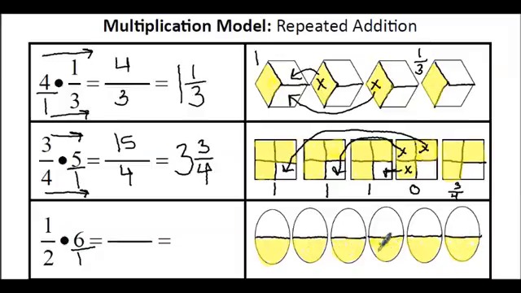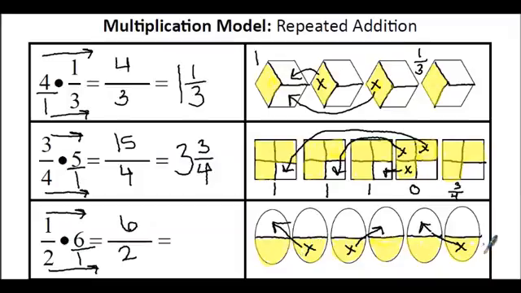And I could start moving this stuff around, and this piece moved over here would make one whole oval, and this piece moved over here would make another whole oval, and this piece moved over here would make another whole oval. So when I'm looking at this, I see the 1 times 6 gave me the 6 pieces that I see here, and the size of the piece, we get 2 times 1 to give us the half.